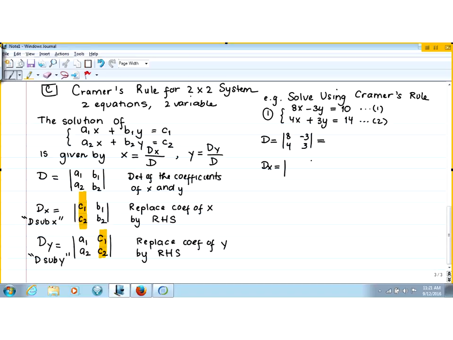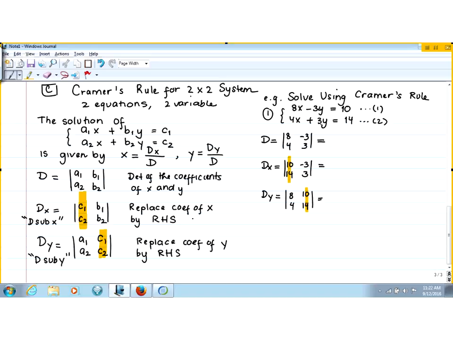Now, let's do d sub x first. What is d sub x here? I have to substitute which one? The x, with 10, 14. But the y's don't change, so I'm still going to use negative 3 and 3 for the coefficients of y. And then d sub y. Which one do I change? The y, so this is 10, 14. So this is the column that I change. So how about the x? Stay the same. 8, 4.